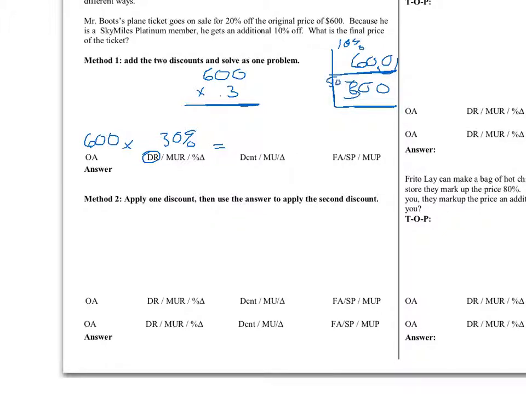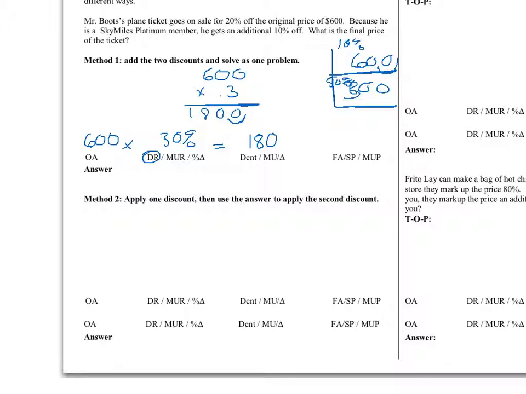So this better come out to be between 60 and 300. Multiply 18 by decimal 1 time, and I get $180 is the discount.